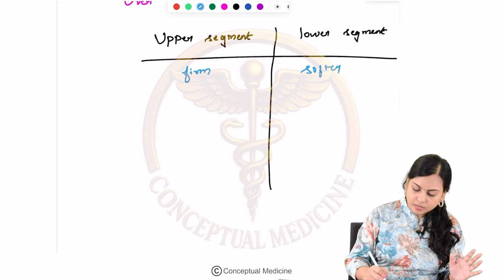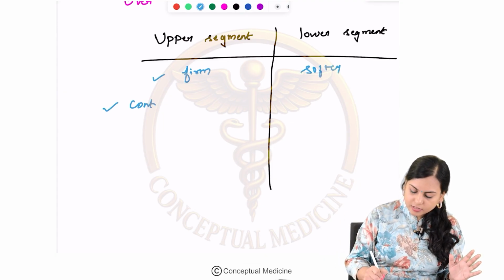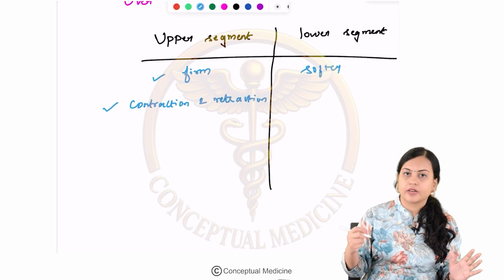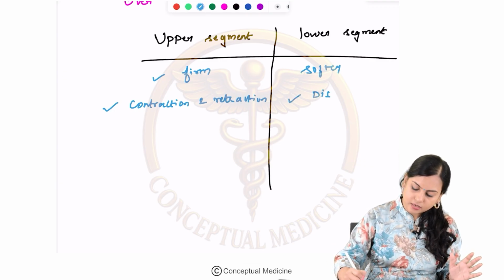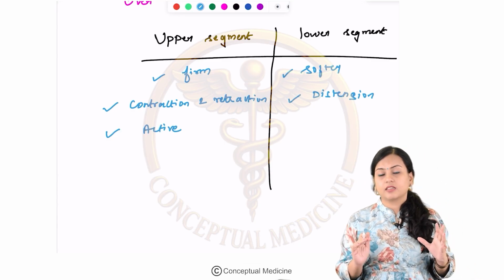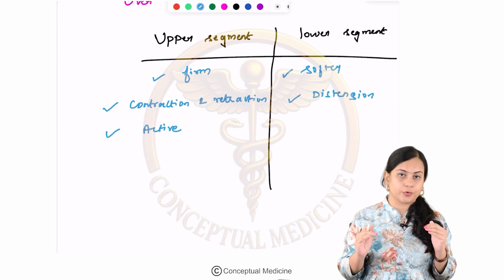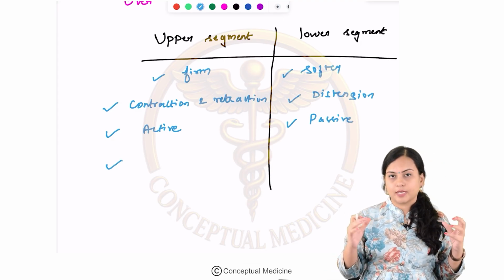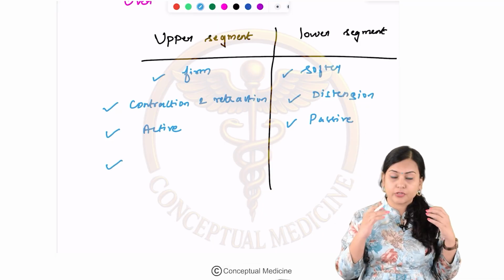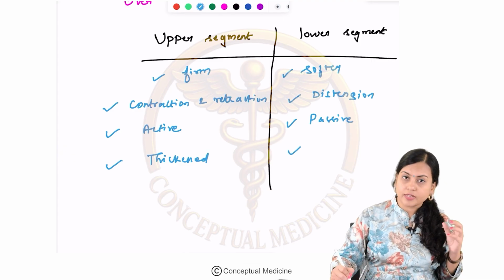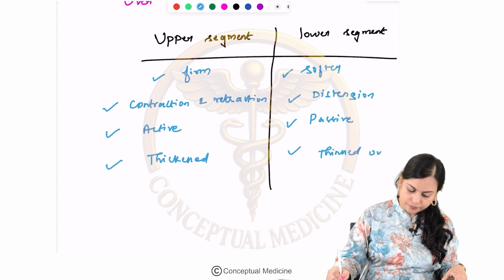In the upper segment, there is continuous contraction and retraction happening, whereas in the lower segment, there is more distension. Yes? And the upper segment is the segment which is going to be active throughout the labor. The lower segment is going to remain only passive. So the upper segment, as it contracts, is going to become much thicker. Okay? So this is thickened, whereas the lower segment is going to be thinned out.